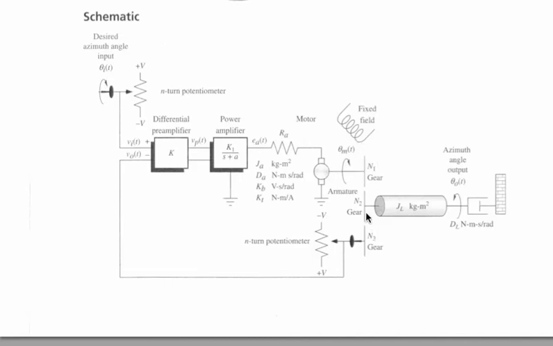Then that's fed through a gearbox to the load, which represents the azimuth of the antenna itself, and here we've got some damping in addition. And here's a feedback taking off another gear from a potentiometer to give us the voltage proportional to position, and that's fed into the amplifier. When these two inputs are zero, the whole system comes to rest.